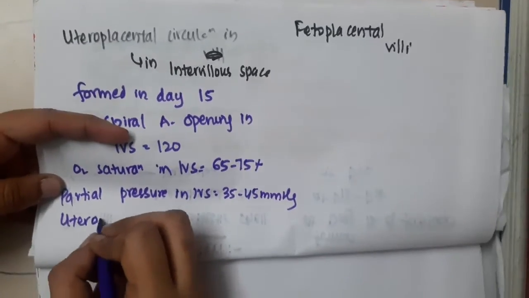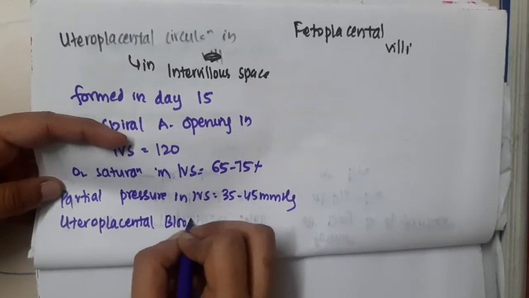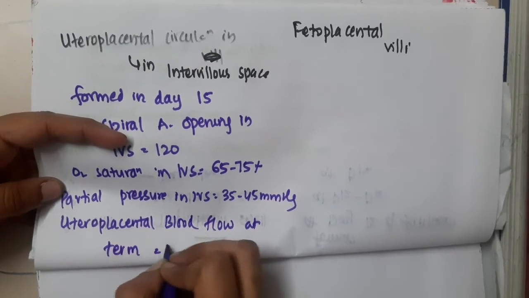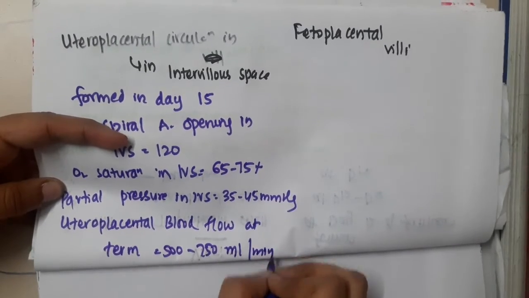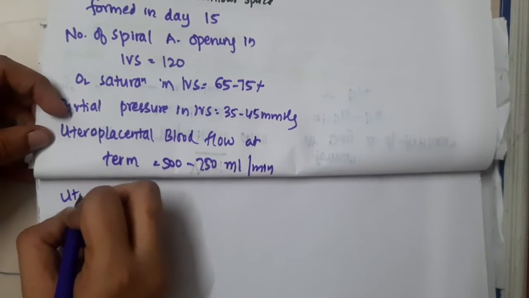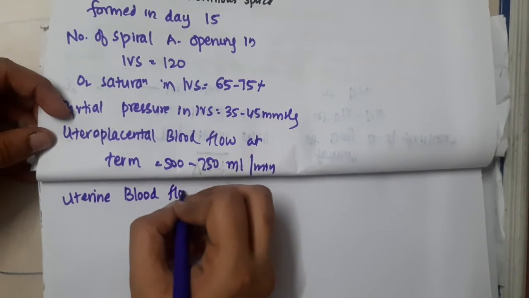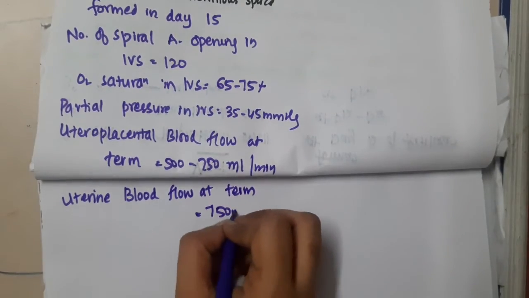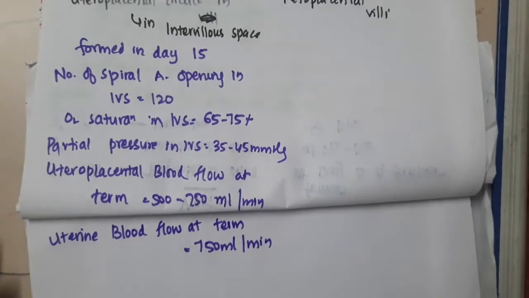Uteroplacental blood flow at term is 500 to 750 milliliters per minute. If you were asked what is the uterine blood flow at term, it is 750 milliliters per minute.